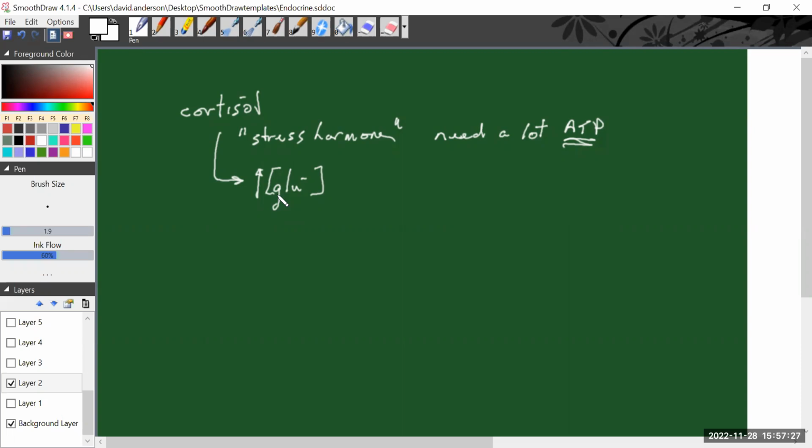And when we increase the glucocorticoids, we're going to get this increase in blood glucose because we increase gluconeogenesis from amino acids and some fatty acids.